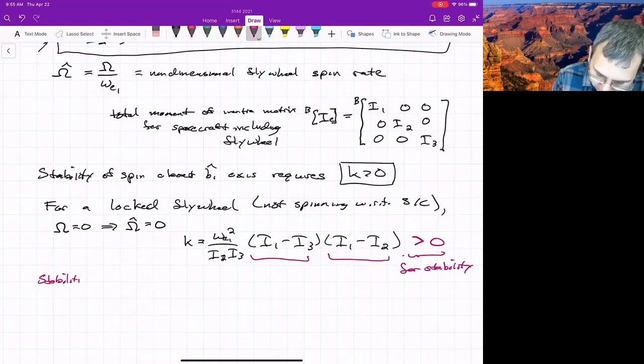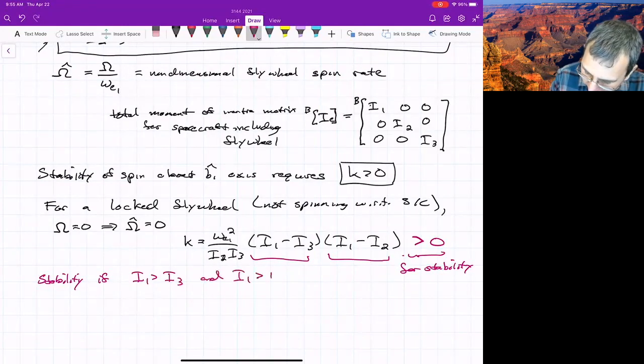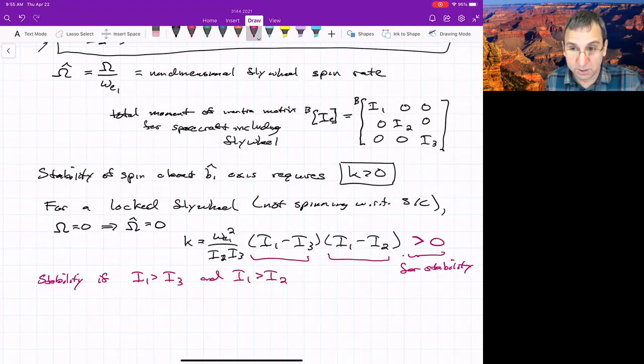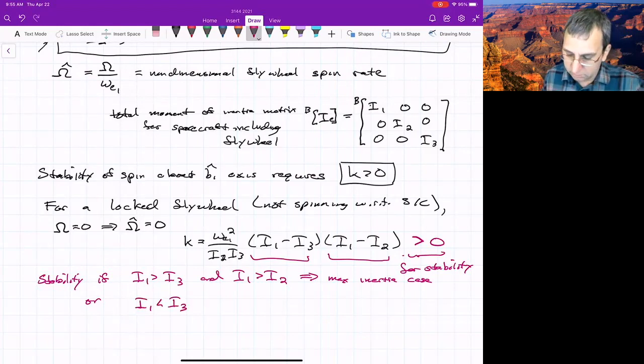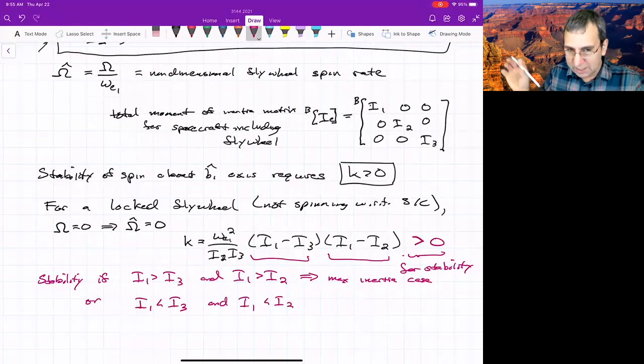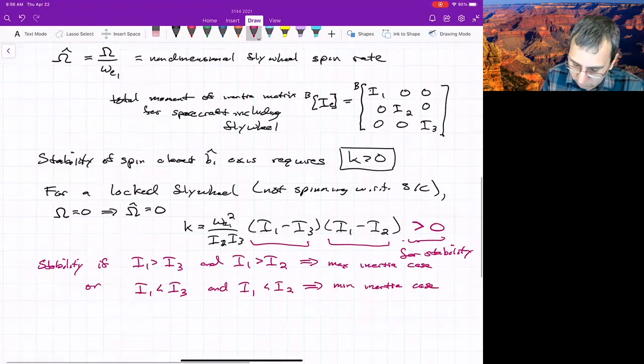That means we have stability if I1 is greater than I3 and I1 is greater than I2, meaning the axis that we're spinning about is the max inertia, or we could have it be I1 is less than I3, which makes the first term negative, and I1 is less than I2, which means I1 is the smallest, so the min inertia case. And the other case is just unstable.